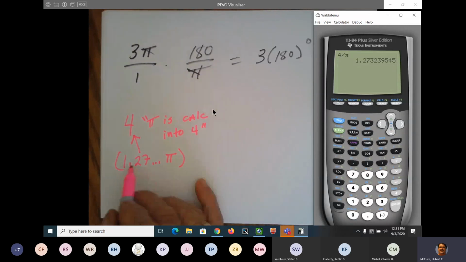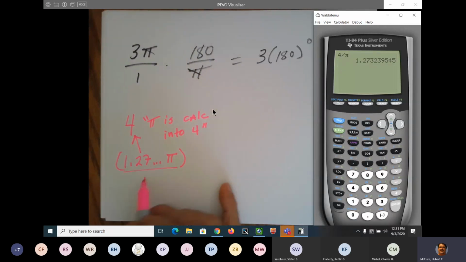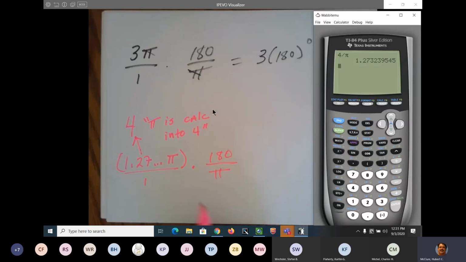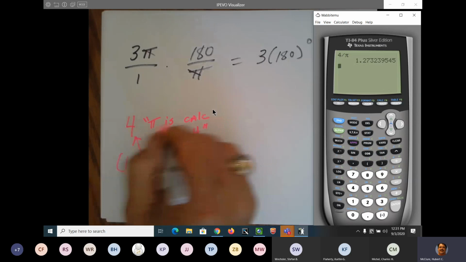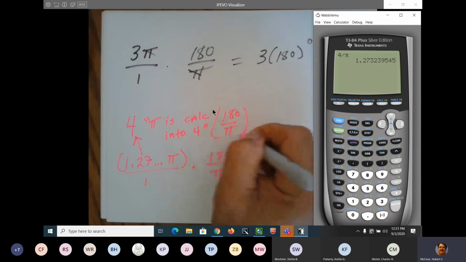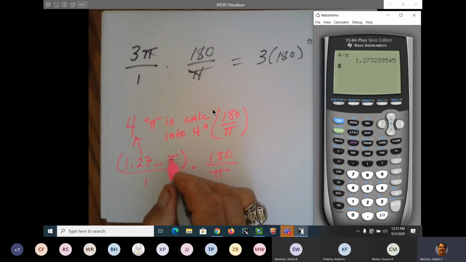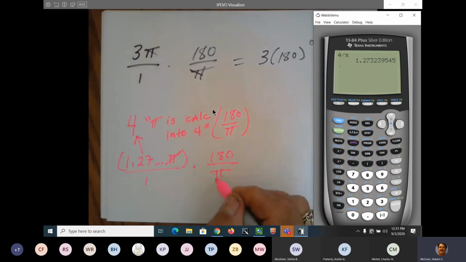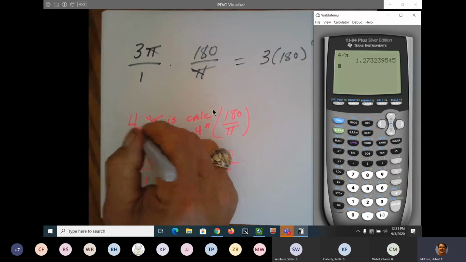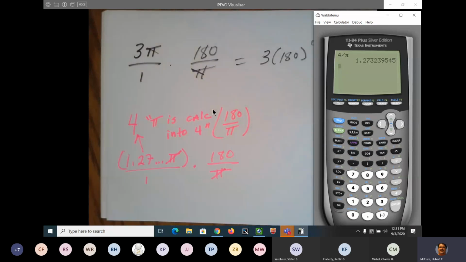Now I can put this over 1 and multiply this by 180 over pi, or I can just multiply this by 180 over pi, and I'll get the same answer. Here I can see the pi's canceling. Here I can't because pi is calculated in there. That's what's causing you to be a little bit apprehensive about these questions.